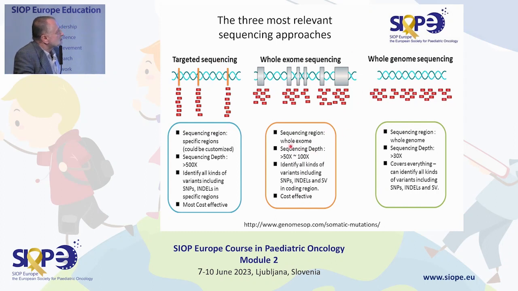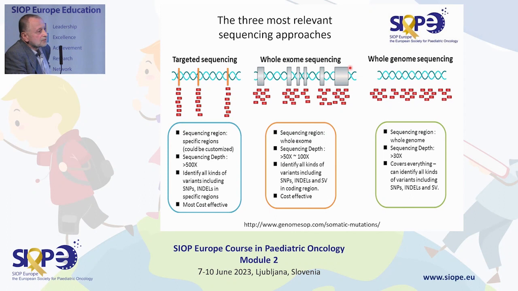Whole exome sequencing, as I said, is now the most common method, and you sequence the whole exome with a sequencing depth of 50 to 100 fold, and it also identifies all kinds of abnormalities, and it's at the moment more cost effective than targeted sequencing.